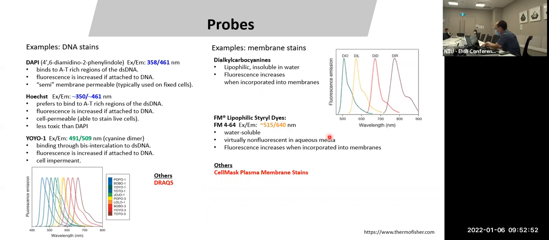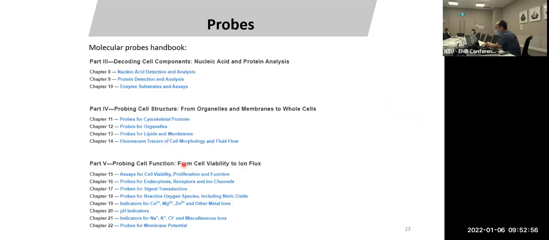Yeah, so there's an answer here. I think there are probes for membrane potential. And one of the audience has suggested some as well. Okay, thank you very much, Suresh.